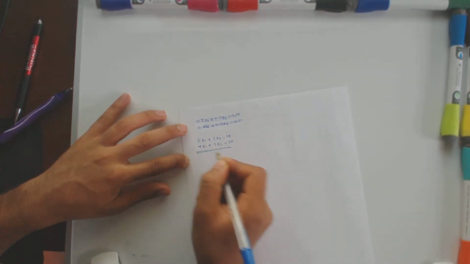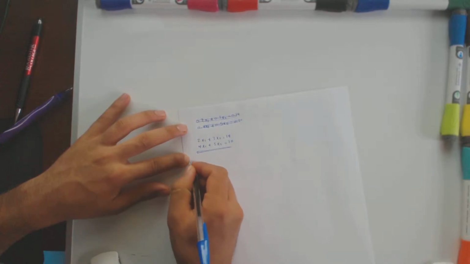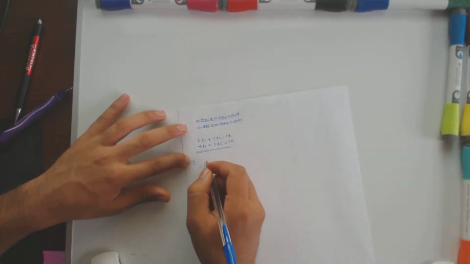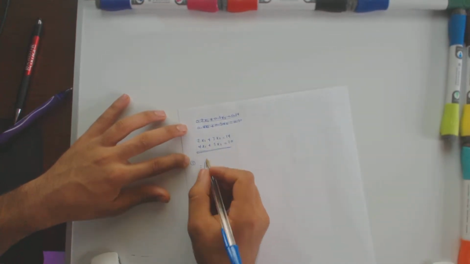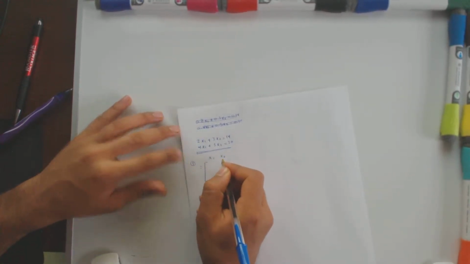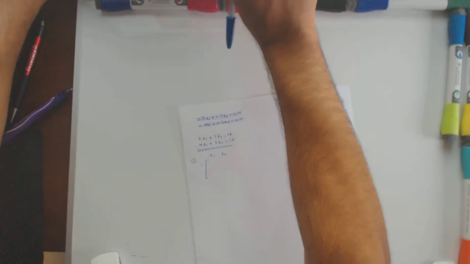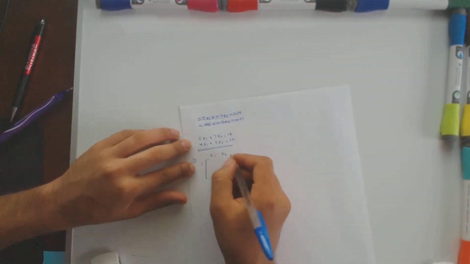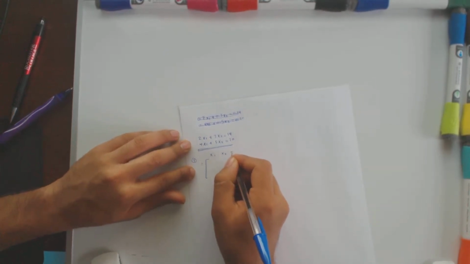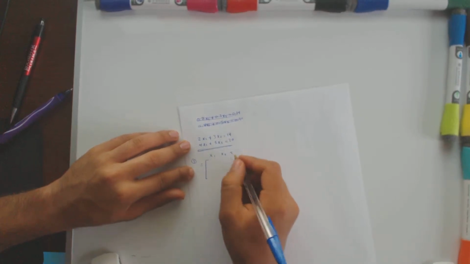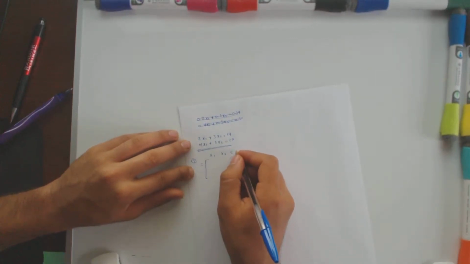As you can see here, here are the numbers that we have, and the first step we have to do is to augment it. So here is x1 and this is x2, and the equal sign we will do as a dotted line in the matrix, and here are whatever numbers we have.